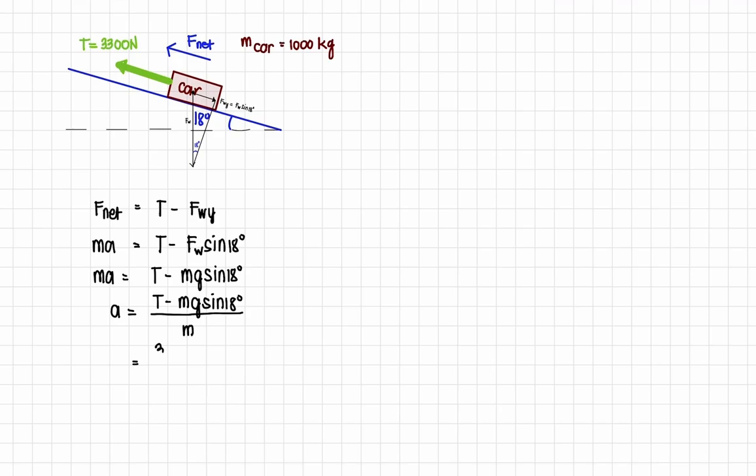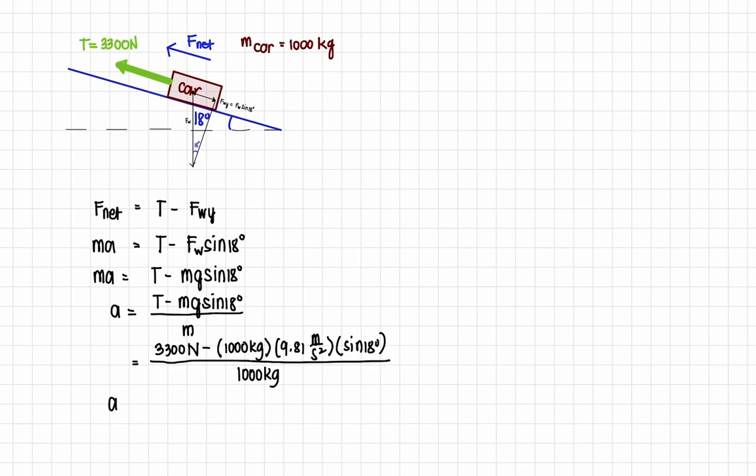Tension is 3,300 newtons minus the mass is 1,000 kilograms times 9.81 meters per second squared, sine of 18 degrees, divided by the mass, which is again 1,000 kilograms.